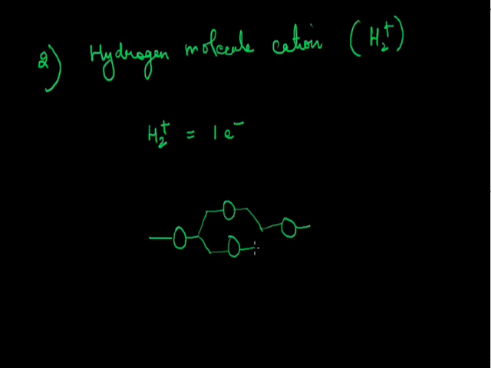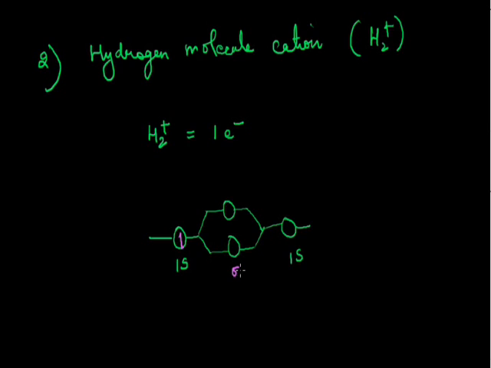How they vary, we will understand with the help of this diagram. 1s orbital of one hydrogen, 1s orbital of second hydrogen. Number of electrons is 1 here and no electron here, since it is an ion, so no electron is present in the second atom.